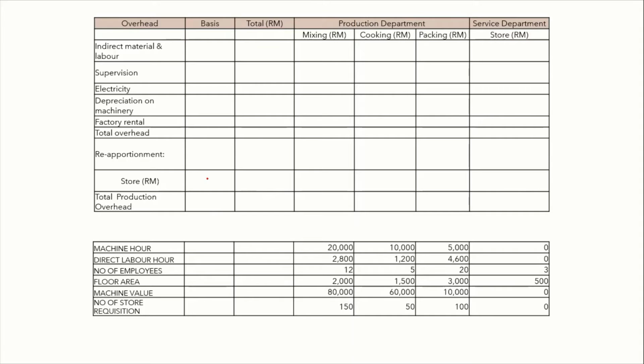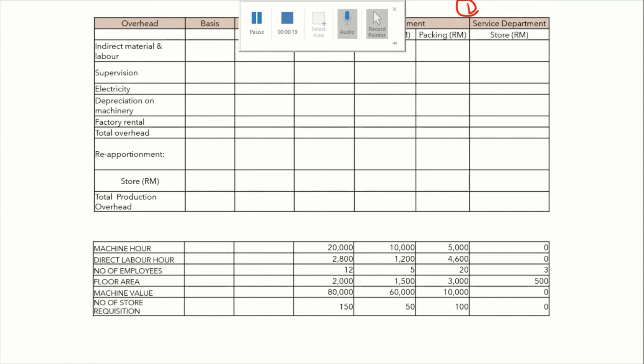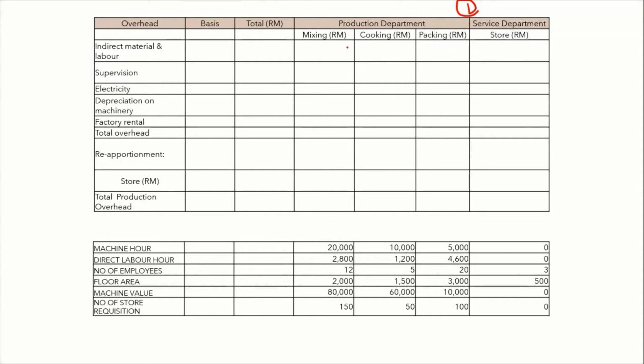Let's begin the process of doing an overhead analysis sheet. The first thing, when you start doing the overhead analysis sheet, is you must put in the production departments and service department. Based on our question in the past year, we have 3 production departments, and the store is our service department.